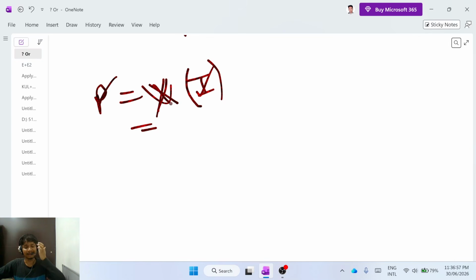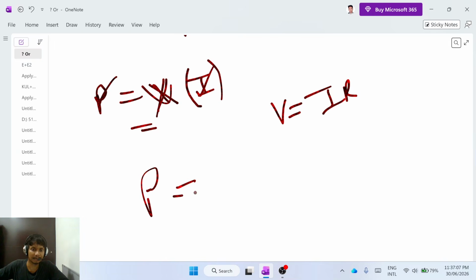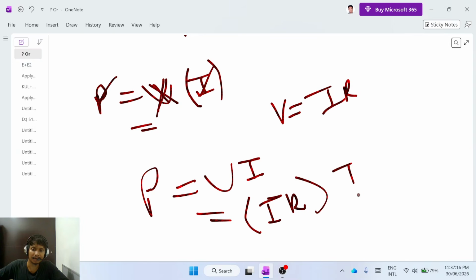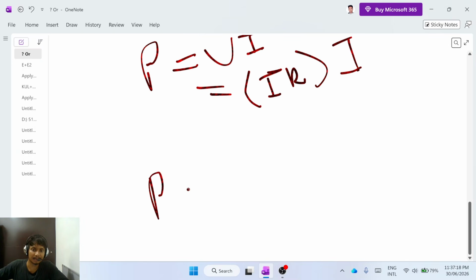Therefore, we have to substitute another equation instead of V. V is equal to IR. So in P is equal to VI, I substitute IR instead of V. Therefore, P is equal to I square R.